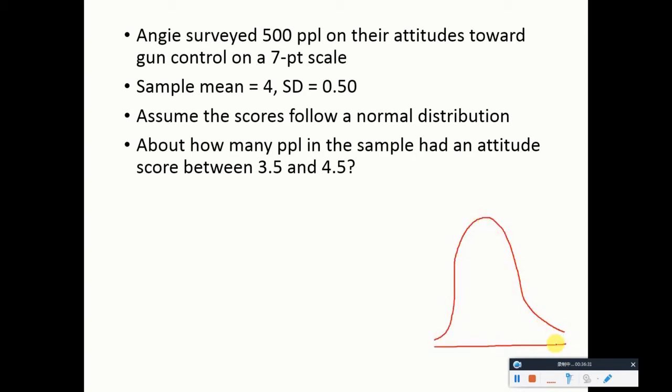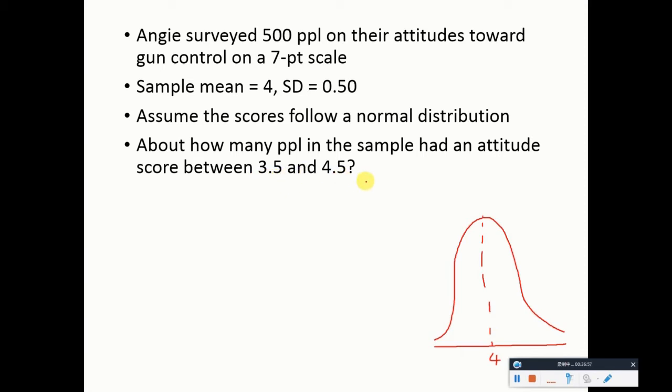First of all, it's normal, and the mean is about 4 and the standard deviation is 0.5. And we want to know about how many people in the sample scored between 3.5 and 4.5.